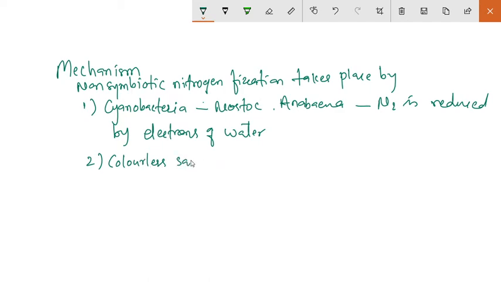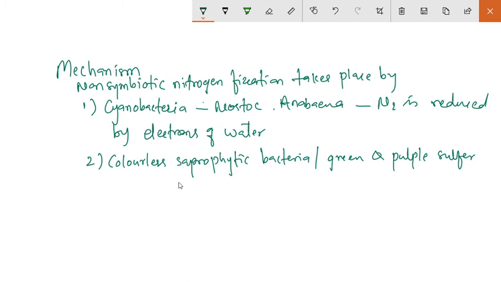Okay, saprophytic, dead matter वर वाढणारे saprophytic bacteria or green and purple sulfur bacteria or non-sulfur photosynthetic bacteria.